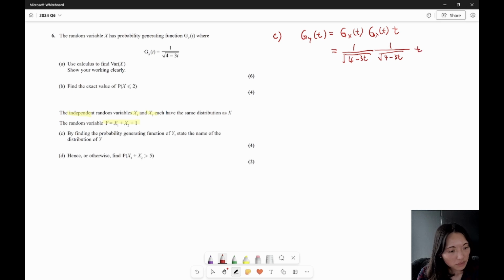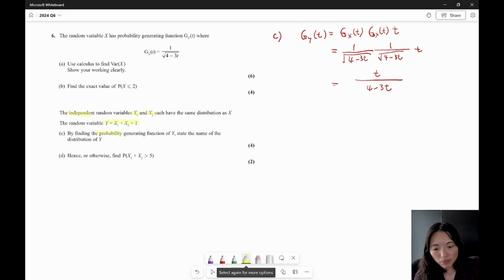And then t. So we get something like this over. And we are asked, so this is the probability generating function. So we found the probability generating function of y. We also state the name of the distribution of y.